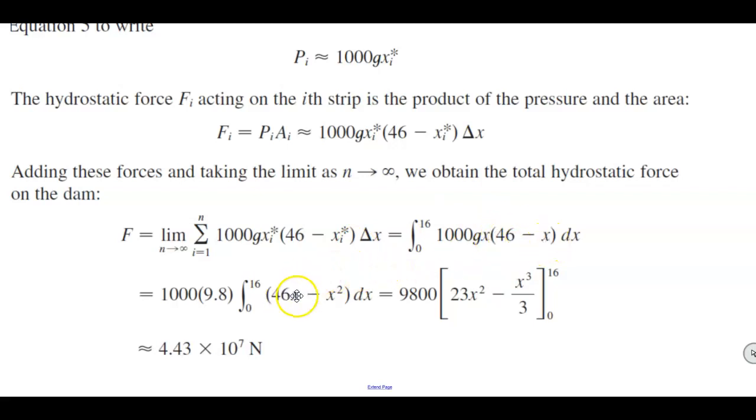Distributing the x gives us 46x minus x squared dx. When we multiply this out, we get 9,800. Taking the antiderivative, we get 23x squared minus x cubed over 3, going from 0 to 16, which gives us approximately 4.43 times 10 to the 7th newtons.